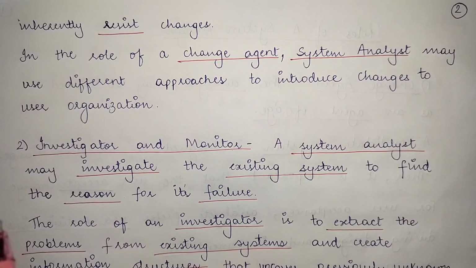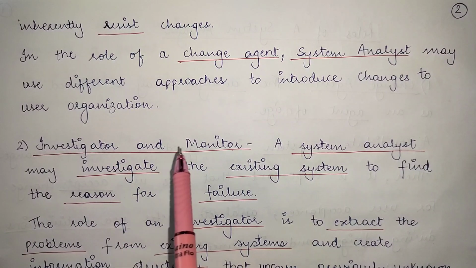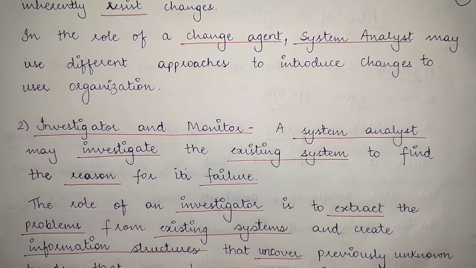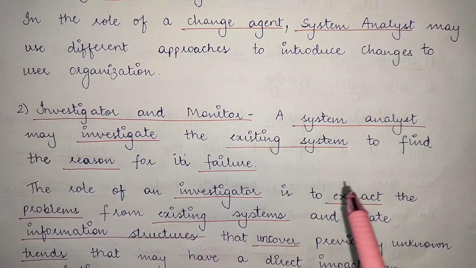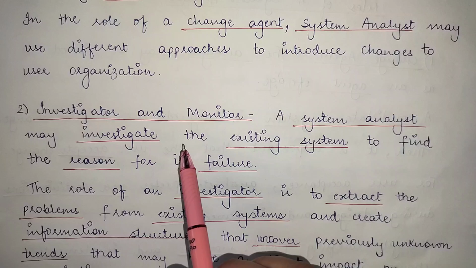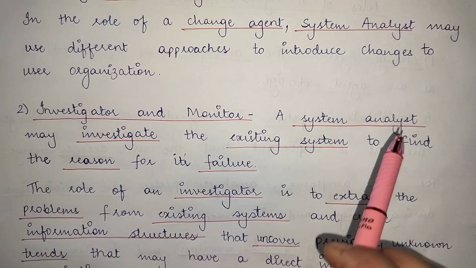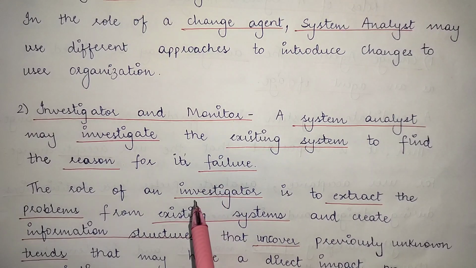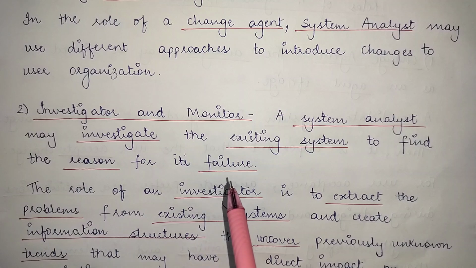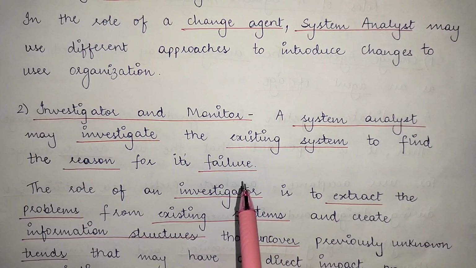Another role of a system analyst is that of an investigator and monitor. As an investigator and monitor, a system analyst may investigate the existing system to find the reason for its failure. Whenever a new candidate system is proposed, it is for the very reason that the previous system is not working properly. That is why we came up with the idea of a new system.